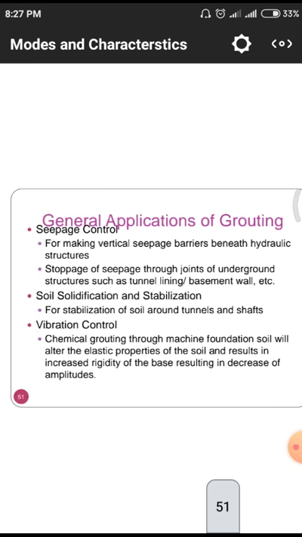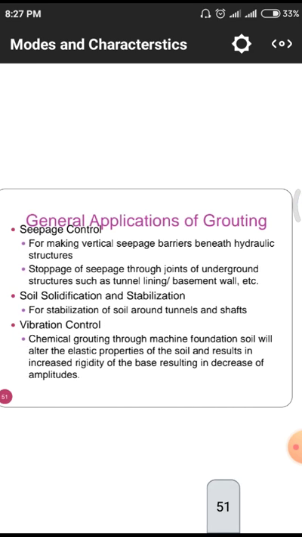And the next one is general applications of this grouting. In general, in how many ways can this principle be utilized? First of all, for the purpose of seepage control. Normally in agricultural lands, due to seepage the water moves from one land to another.